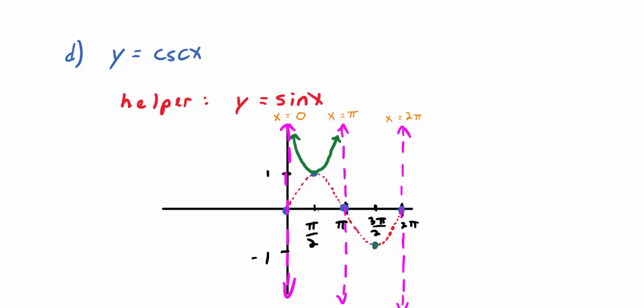And then here, if the y-coordinate of negative 1 is a value of sine of x, certainly it's a value of cosecant. And then it goes down from here. So it really is the same shapes that make up the graph of the cosecant. They're just placed in a different spot horizontally.